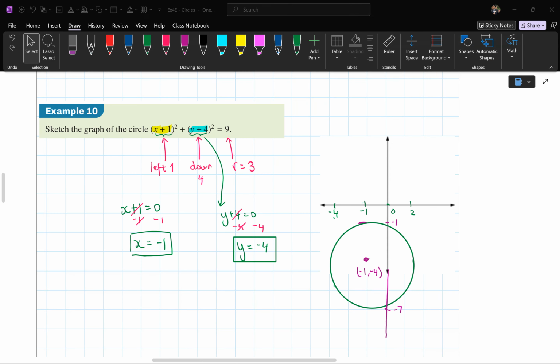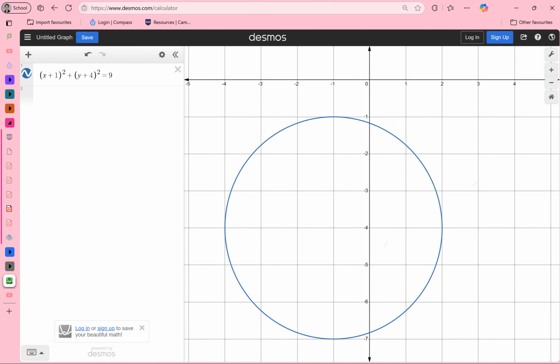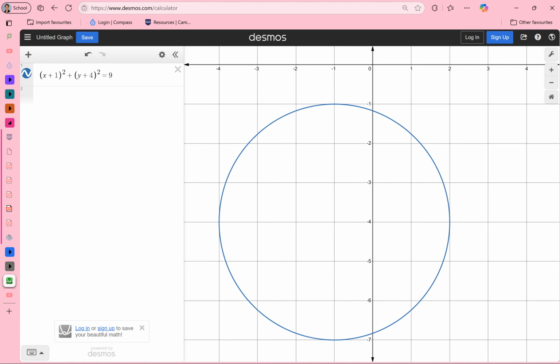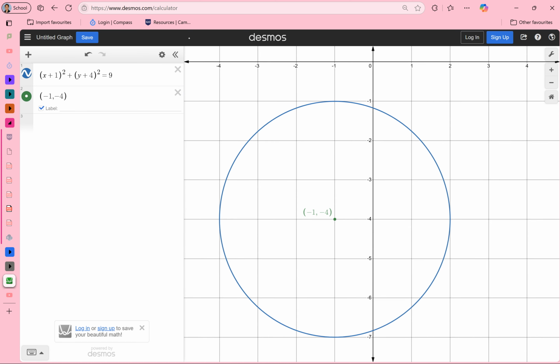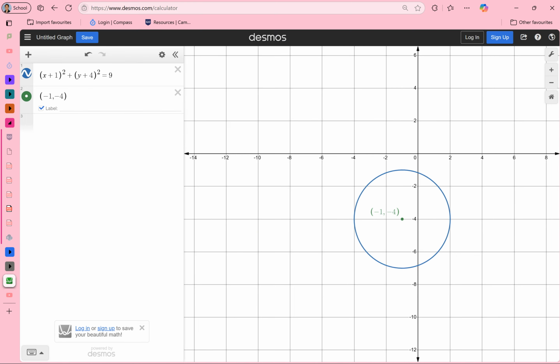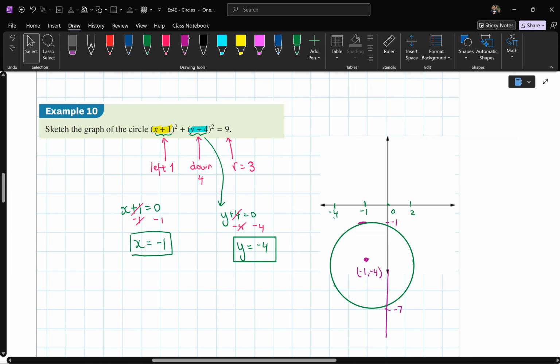You can see exactly the way we've said: max height of negative 1, bottom is negative 7, and the width can only get to 2 and negative 4. The center should be at negative 1, negative 4 with a radius of 3. From here you can see 1, 2, 3 across, 1, 2, 3 up, 1, 2, 3 down, 1, 2, 3 left. And that is your circle, just like how I've drawn it.